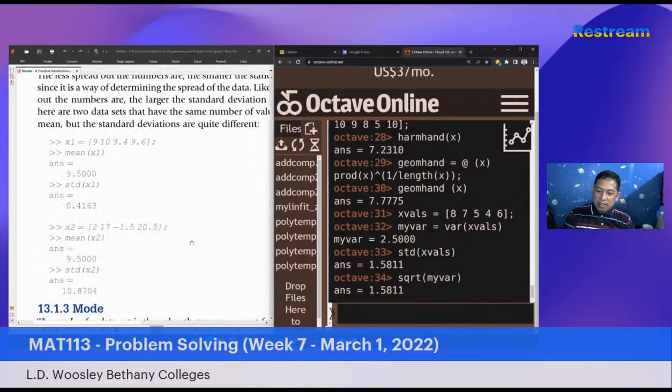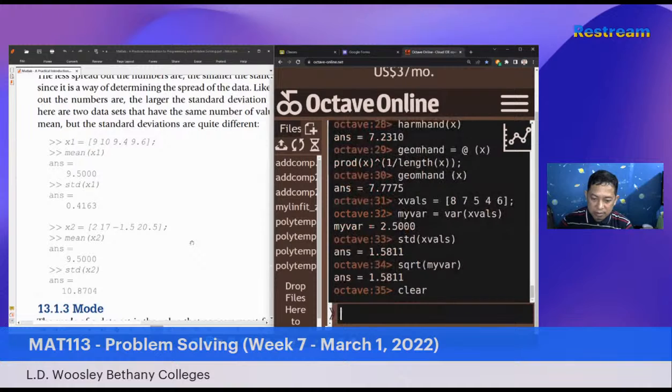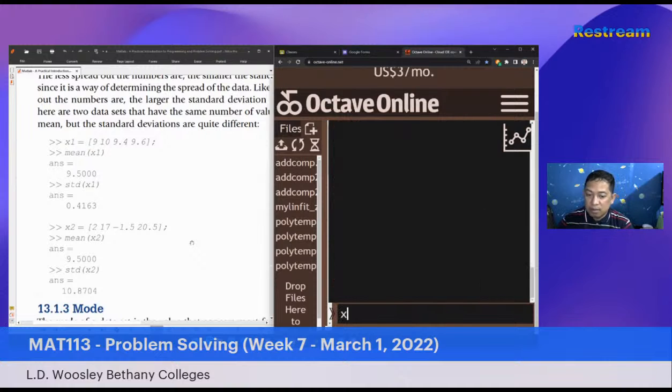Okay, let's compare this data. Okay, x sub 1, clear muna natin. x sub 1 here has a corresponding data set: 9, 10, 9.4, and 9.6. And of course, you could solve for the mean of that x sub 1.